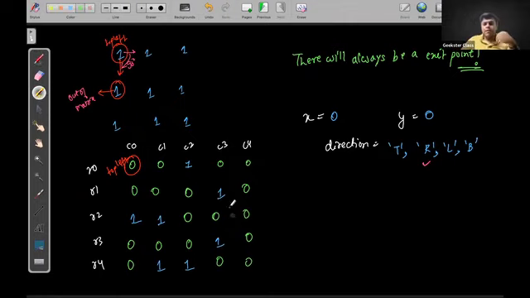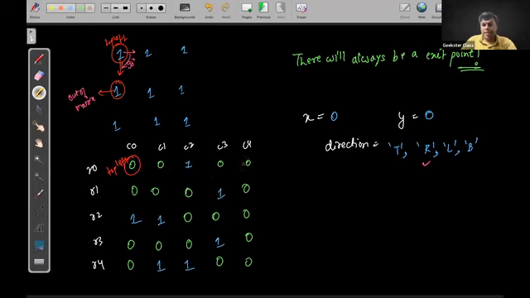From which borders can we become out of the matrix? Either from the top wall, or the right wall, or the bottom wall, or the left wall. Yes or no? These are the 4 ways by which we can go out of the matrix.